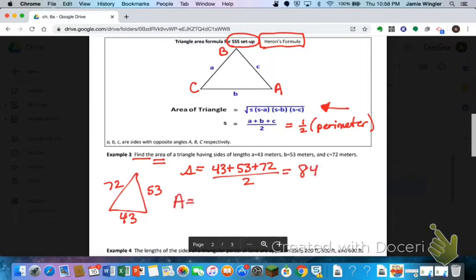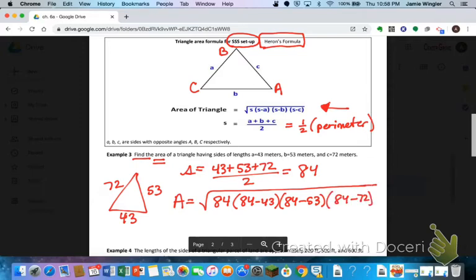Then the area is going to be the square root of 84 times 84 minus A times the quantity of 84 minus B times the quantity of 84 minus C. Again, I would type this into your calculator all at one time.